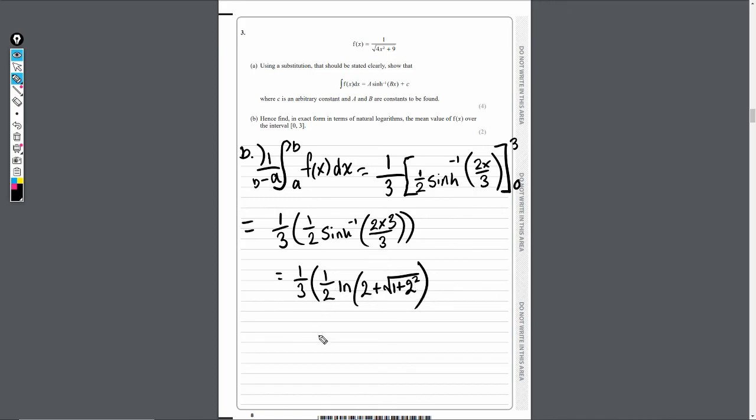Okay? And then evaluating all this, I'm just going to get 1 over 6, a third times a half, 1 over 6 ln of 2 plus root 5. And there we have it. That's part B fully complete for question 3.